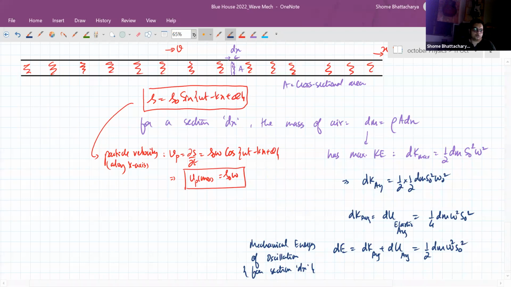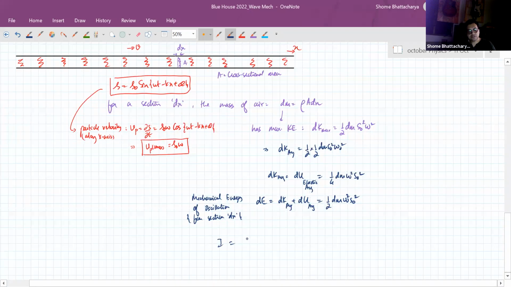Then it's not too difficult to understand that from this we need to understand intensity, which is 1 upon cross sectional area into energy propagated per unit time. So that will be 1 by A into this. Now dm is density into A into dx.